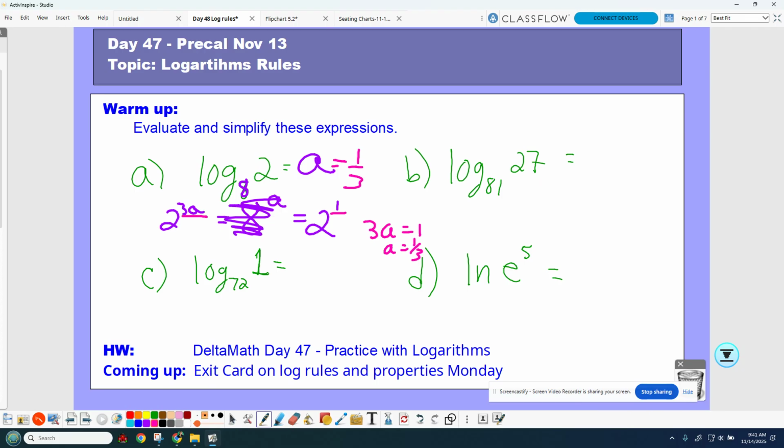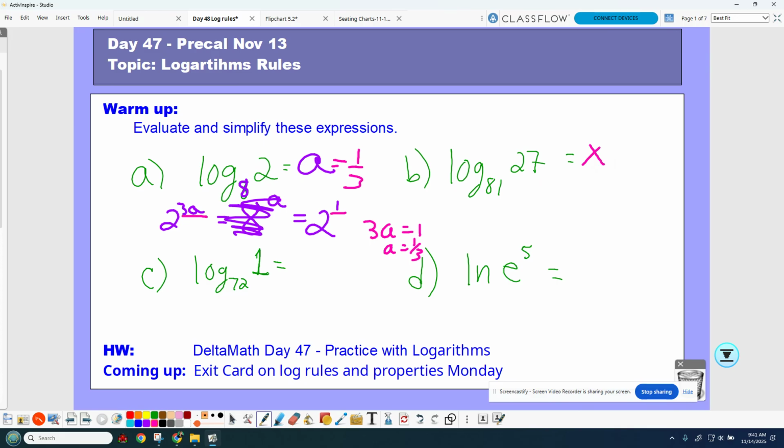Holiday, what's your recommendation of doing B? That was hard. I really don't know. Nate? Both of them can be rooted to 3. Okay, so he's like 27 is 3 times 3 times 3. 81 is 3 times 3 times 3 times 3. So it's 3 to the 4x equals 3 to the 3rd.